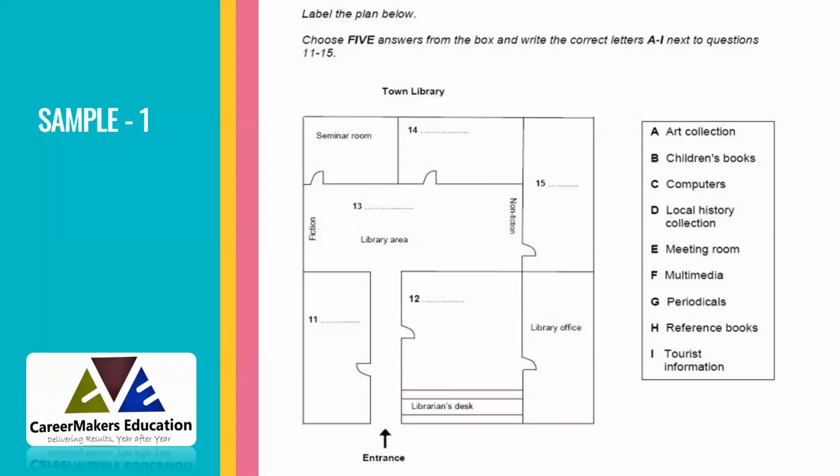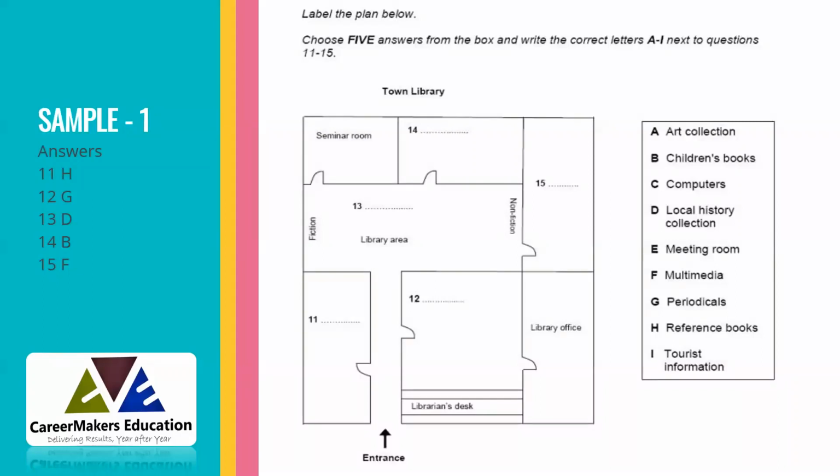All right, let's have a look. The correct answers are H, G, D, B, and F. In the 13th, many got the wrong answers as well. Right? Few wrote that tourist information desk.